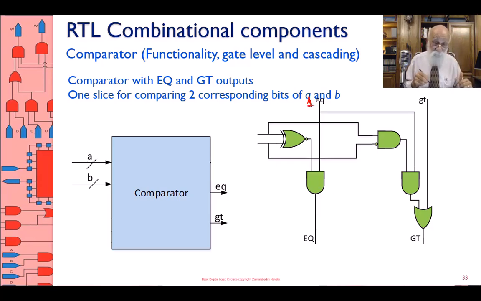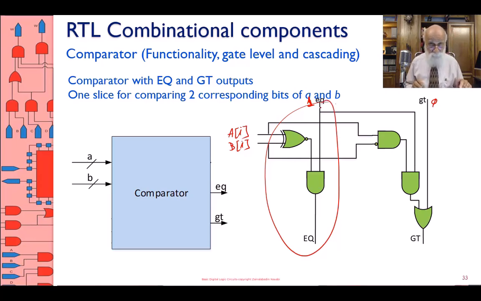Coming in, I also assume that I haven't decided that A is greater than B. Then I put bit number I of A on one input, bit number I of B on another input. Now, the logic that I showed you for equal remains the same. Okay, but now let's look at the logic for the greater part.